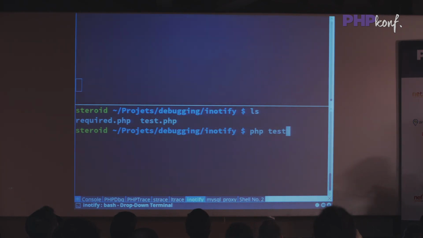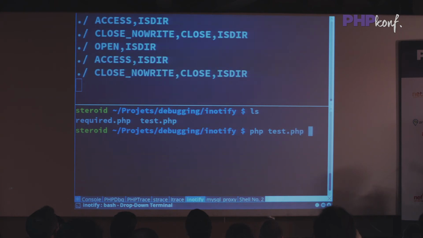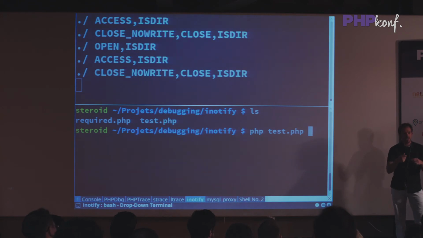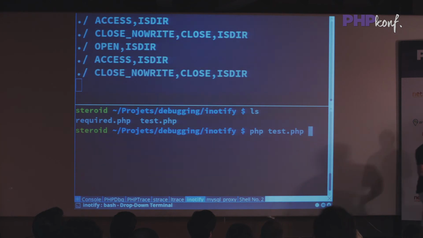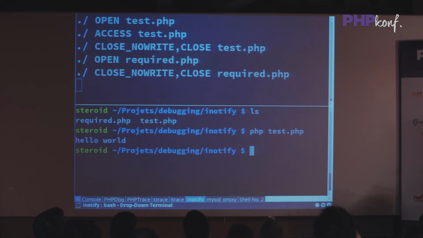Here I hit tab for completion. Because the completion wants to know what is inside this directory, even when you hit tab, you have some code that gets triggered behind the scenes. So if I'm running php test.php, I can see the output started for this one here. It opens it, accesses it, then closes it, but it also opened required.php and closed it too.